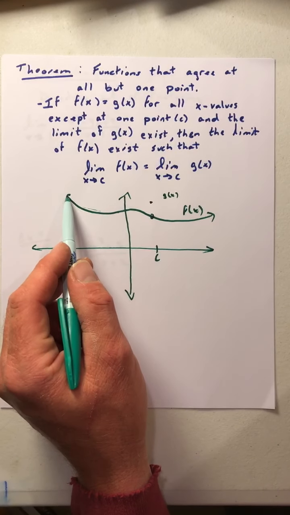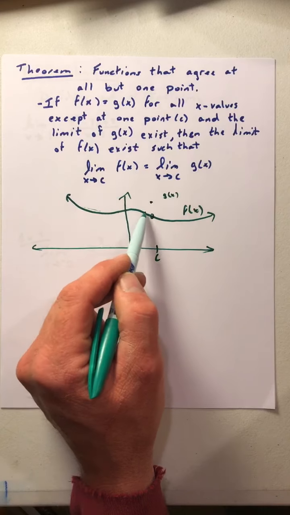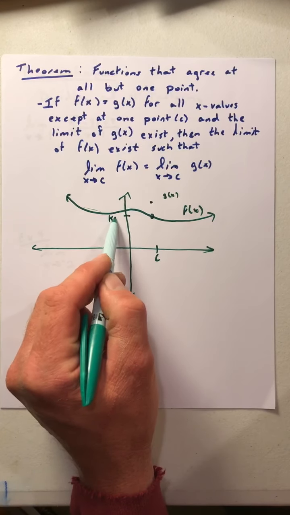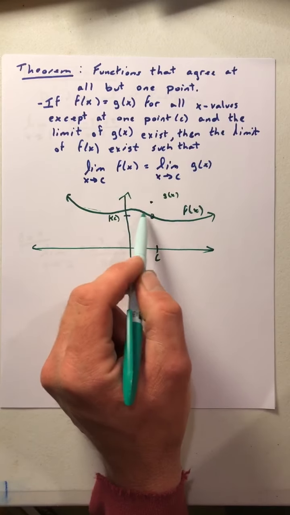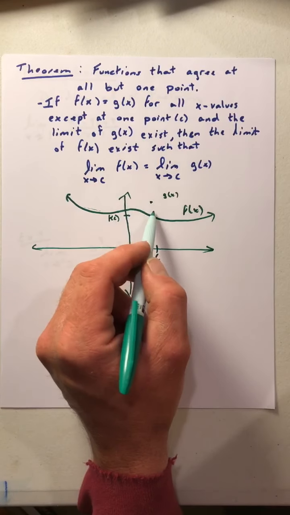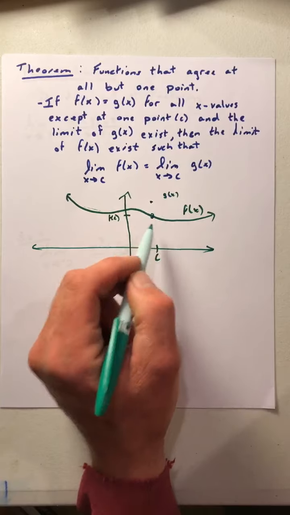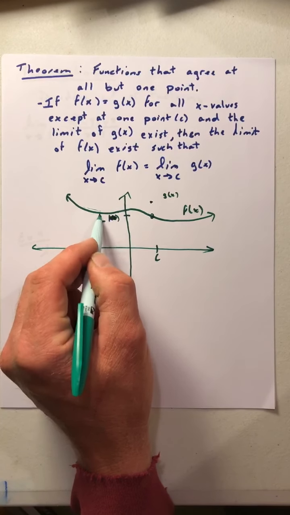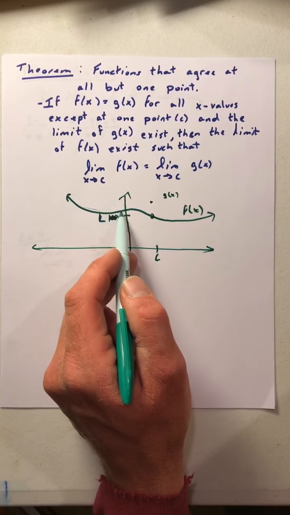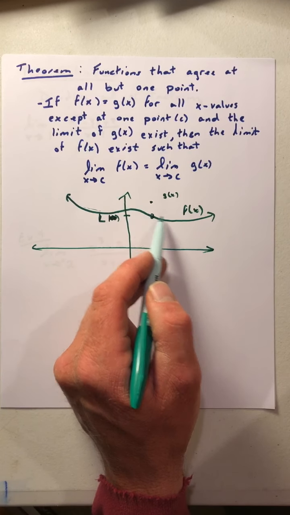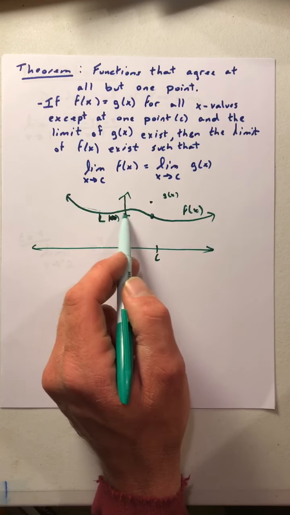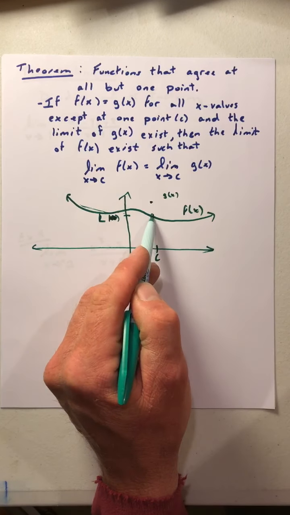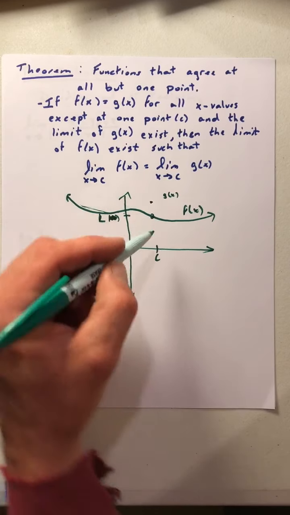Well, I know then that if the limit of f of x is going to be whatever value this is, we'll call it f of c, then we know the limit of g of x is also going to be, we'll call it L. So we know the limit of f of x is L. We also know the limit of g of x is L, because these two branches are coming to the same exact value.